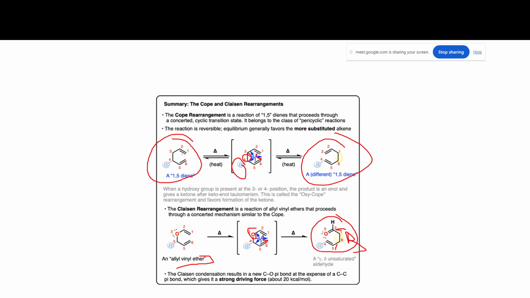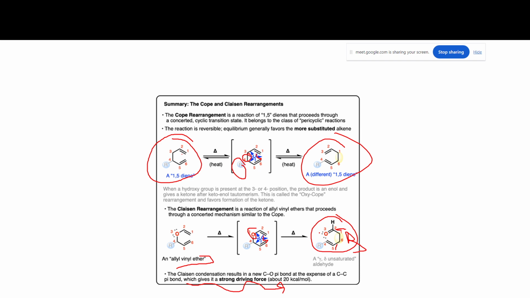The Claisen rearrangement results in a new C=O pi bond at the expense of a C=C pi bond, which gives it a strong driving force of about 20 kilocalories per mole. The C double bond O is much stronger compared to the C=C bond.